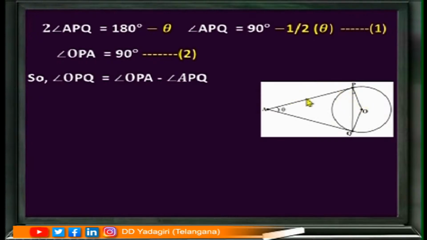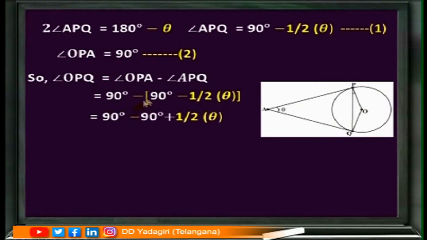I can write OPQ is equal to OPA minus APQ. So, what is OPA? It is 90, and APQ is 90 minus 1 by 2 theta. So, 90 minus 90 plus 1 by 2 theta. So, 90 cancels, and finally I am getting OPQ as 1 by 2 into theta.